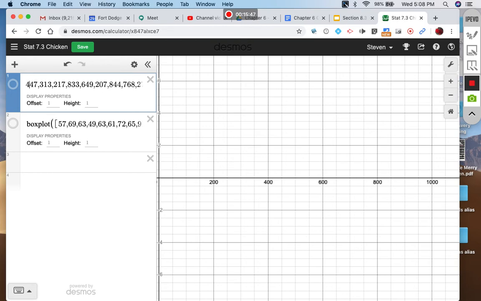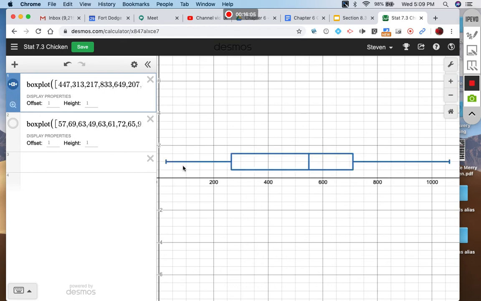Go back to the beginning. So after the box plot, you put a parenthesis. Then you need a square bracket to show that's my data, and you put in all the numbers with commas following. And you can do offsets and heights and play with this to make it look nice.